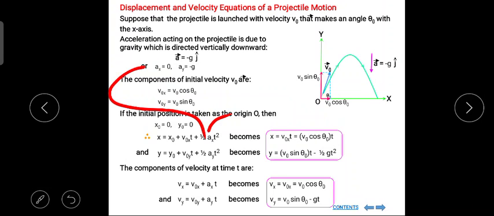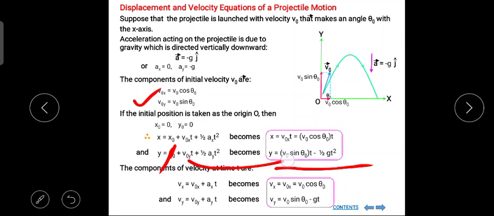So the displacement covered in the horizontal direction will be given by this equation: x equals v naught x t, where v naught x is the horizontal component, which is v naught cos theta, so x equals v naught cos theta t. Similarly, in the y direction, y naught will be 0 if I am starting from the initial position, and the component of initial velocity in the y direction is v naught sin theta t.